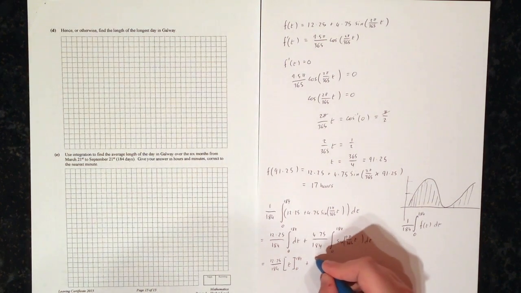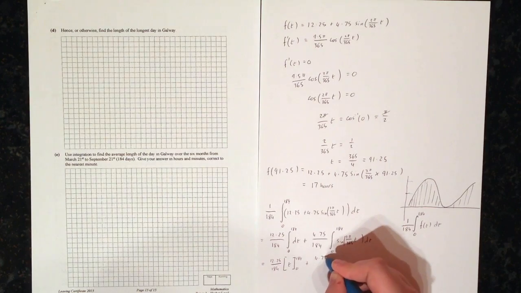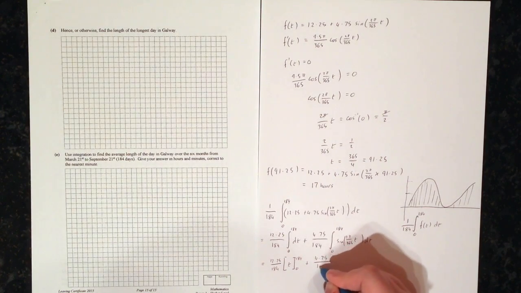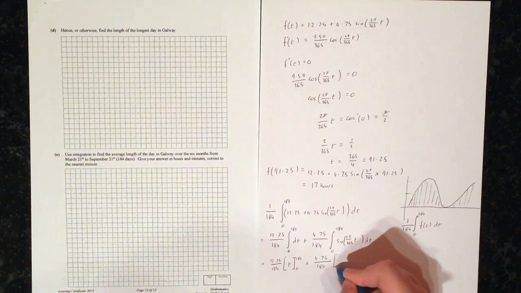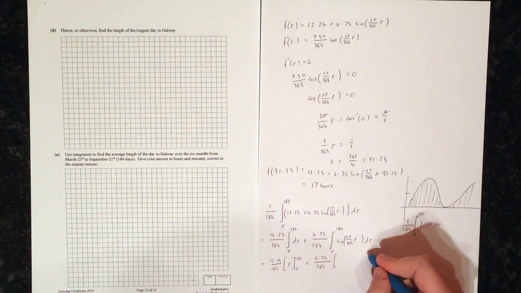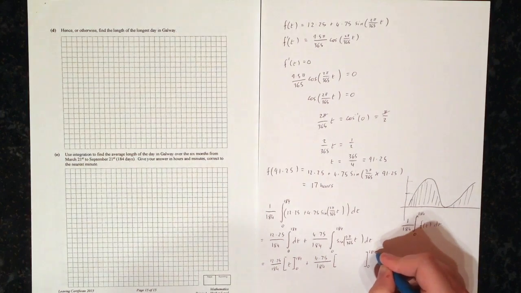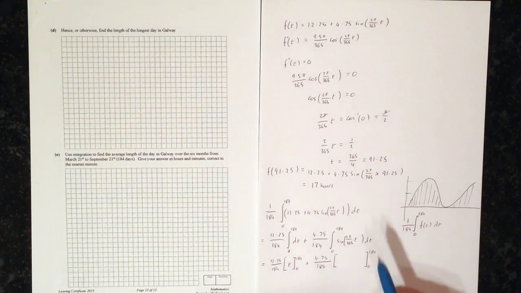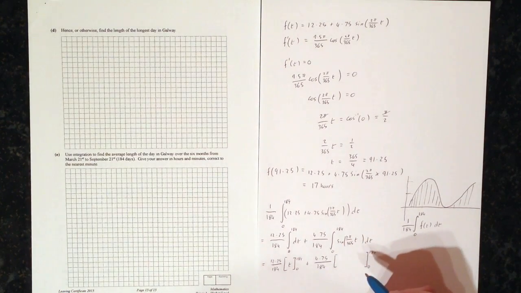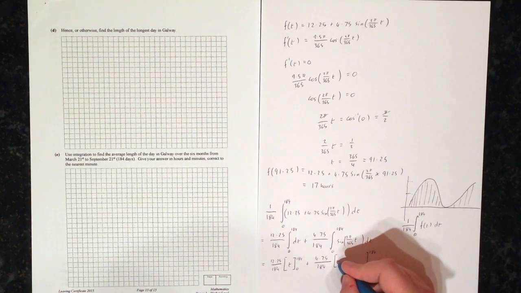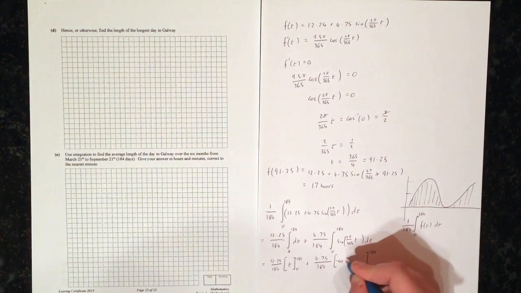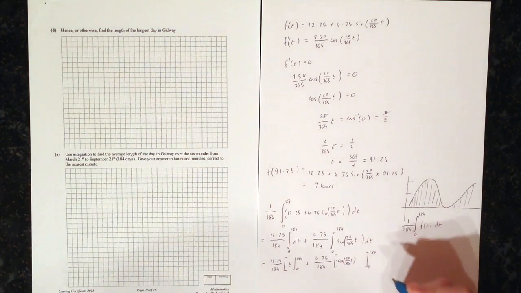To that we're going to add on 4.75 over 184 times the integral of this evaluated from 0 to 184. Now when we want to integrate sine of something, we change that from sine to minus cos. This will be minus cos of 2 pi over 365 times t.